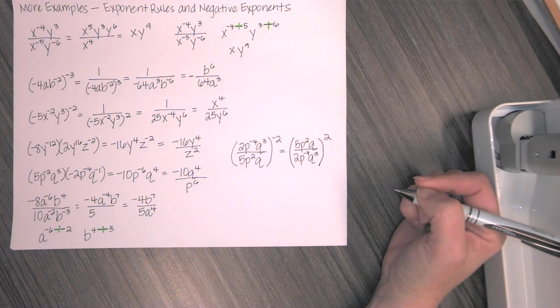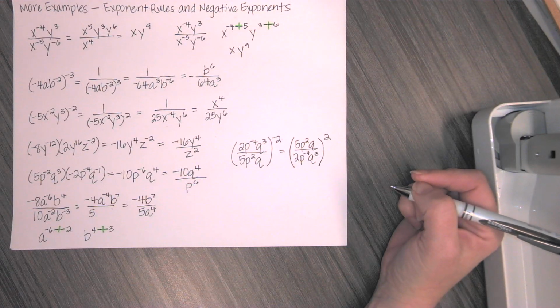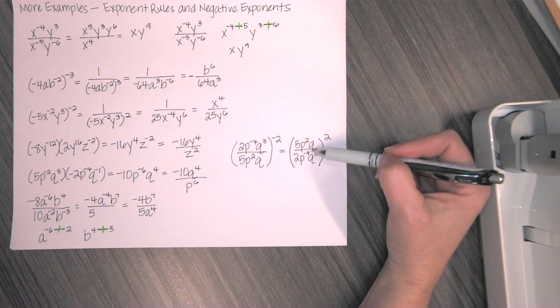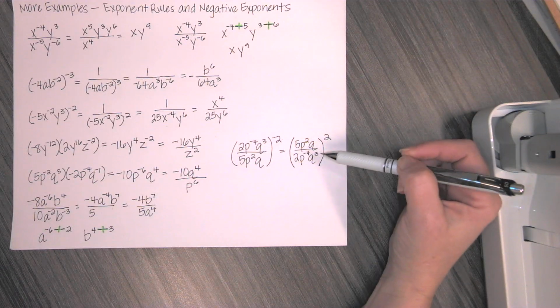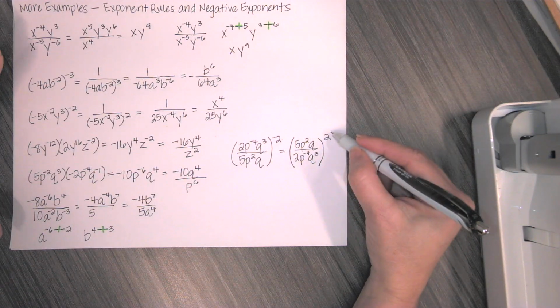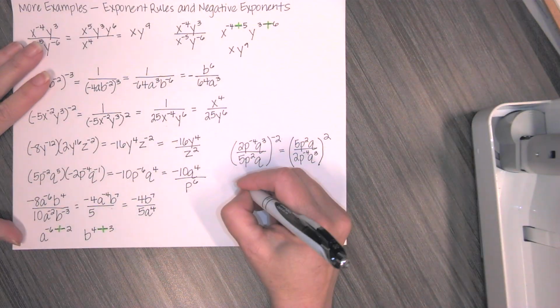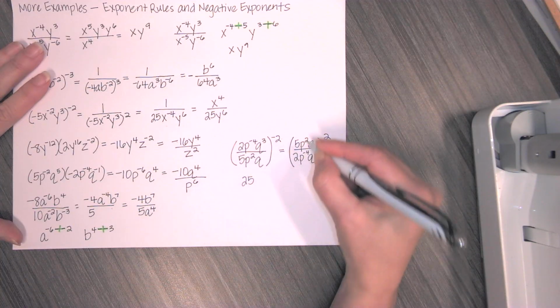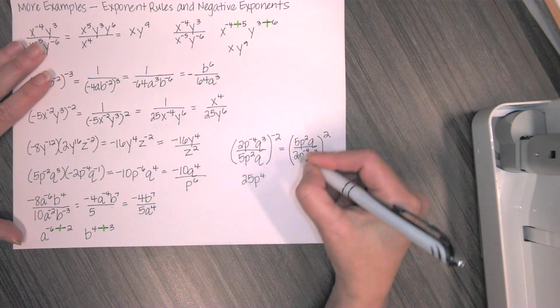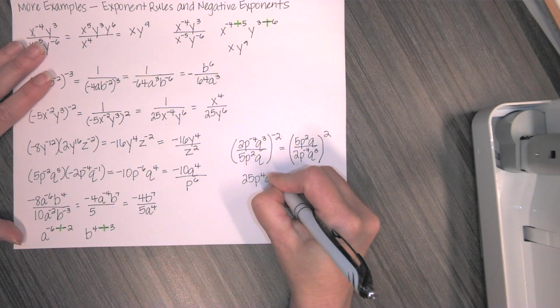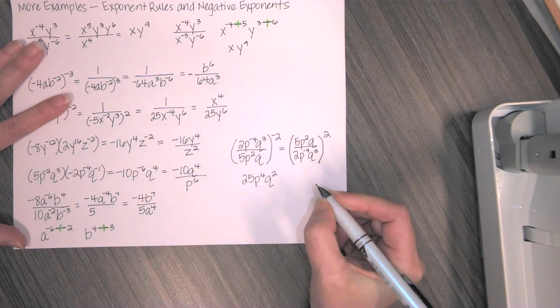Okay, now however you want to do this, if you want to do your division rule next, you can. If you want to raise everything to the second power, you can. I think I'm going to go ahead and raise everything to the second power. So I'm going to have 25 on the top. Power to a power, we multiply, so p to the 4th. Power to a power, we multiply, so q squared.